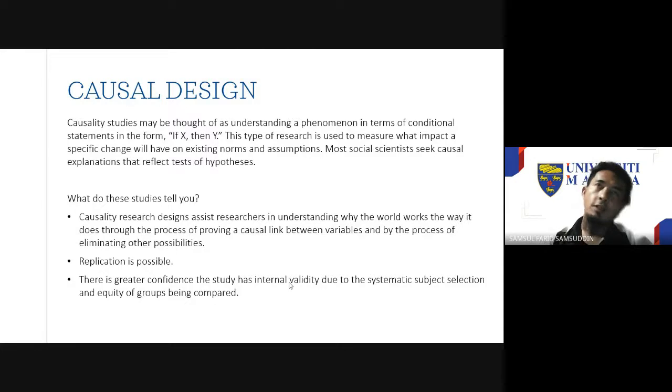So if previous studies have conducted this specific kind of study, you can replicate the previous study and see whether the findings are similar or different, because it is replicable. And then there is greater confidence the study has internal validity due to the systematic subject selection and equity of groups being compared.